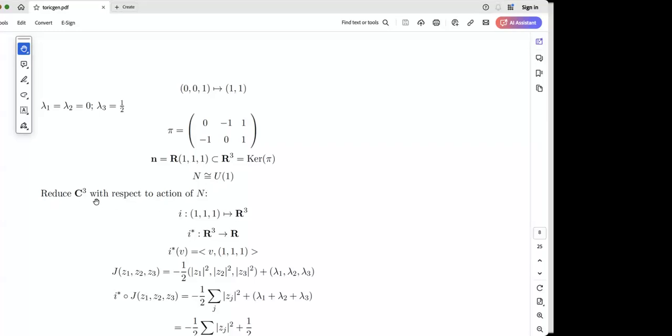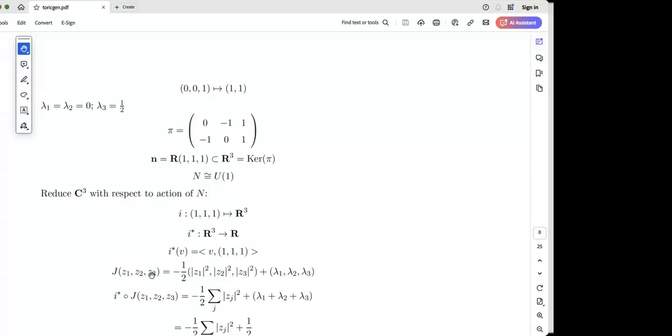So we reduce C^3 with respect to N. So I sends (1, 1, 1) to R^3, and I star sends R^3 to R. I star sends v to the inner product of v with this vector (1, 1, 1).